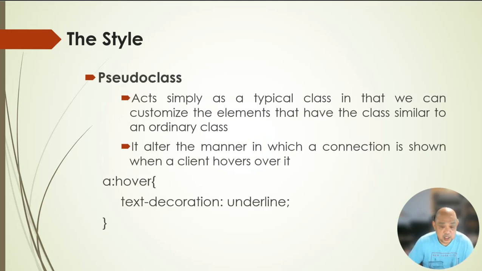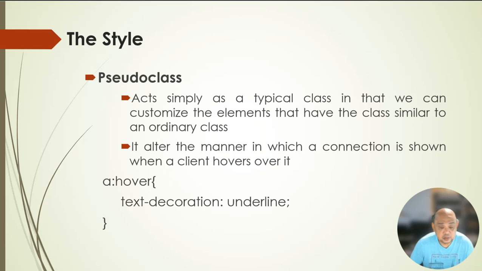Next is the pseudo class. It acts as a typical class that we can use to customize the element that has the class, similar to an ordinary class. It is used to add effects when it is clicked or on hover. Let's look at the sample example here, where a is followed by a colon, then the type hover.